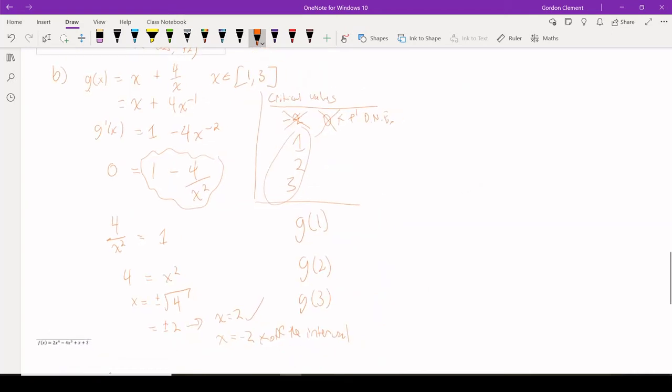So this is going to be 1 plus 4 over 1, which is 5. This is going to be 2 plus 4 over 2, which is 4. And this is going to be 3 plus 4 over 3, which is 13 over 3, which is 4.3 repeating, I think.